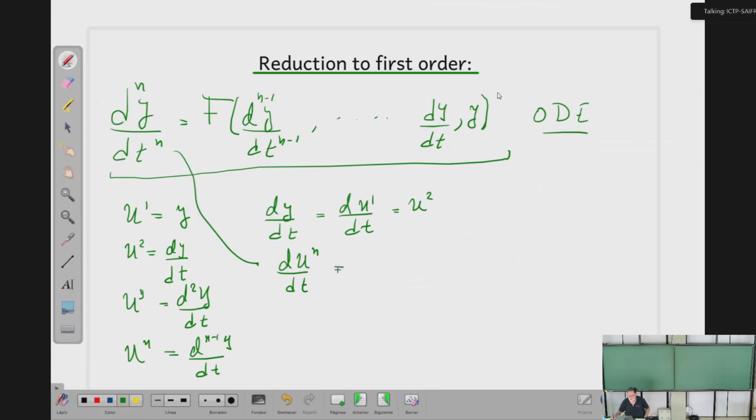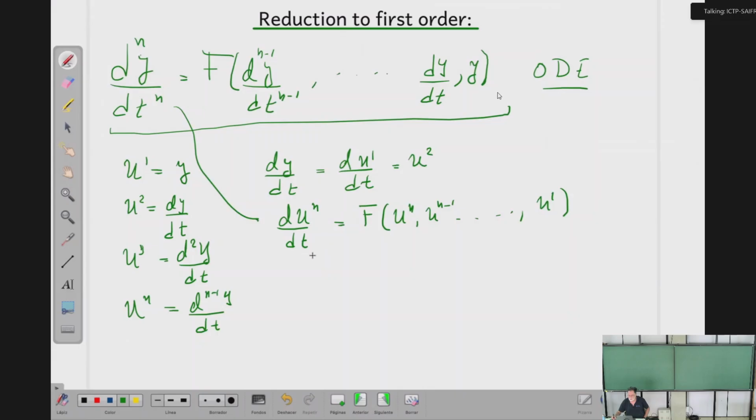So this we can write as f of un, un minus 1, until u1, right? And so you have the following system now.